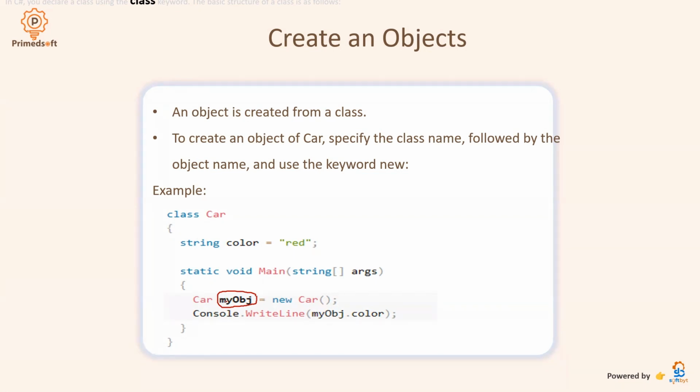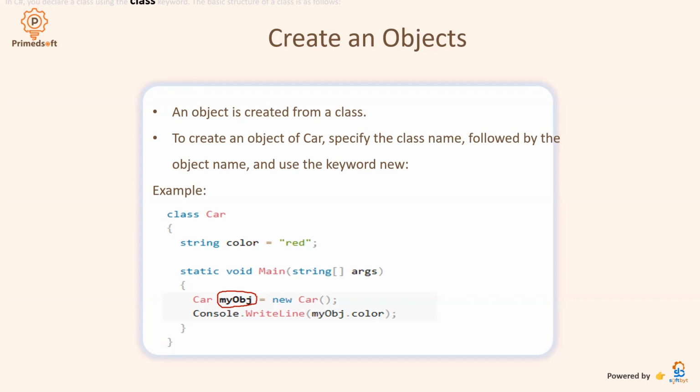You can assign it my object, my car, any name, equal to new. You must use the keyword new, then open and close brackets and a semicolon. This is the standard. This is how to do it.